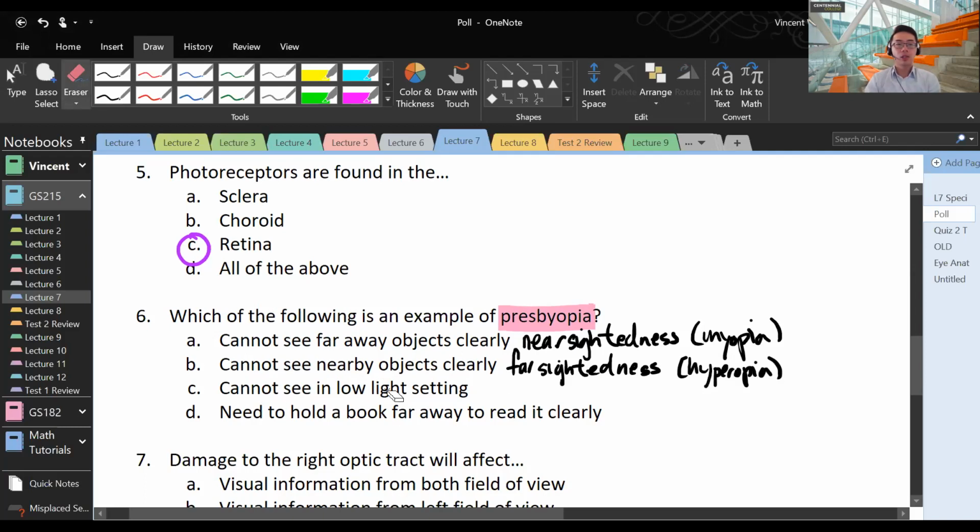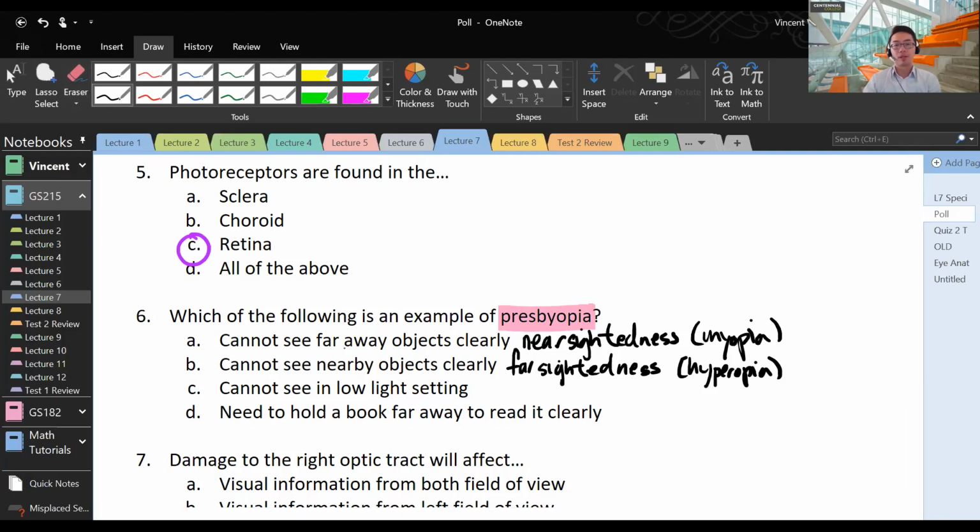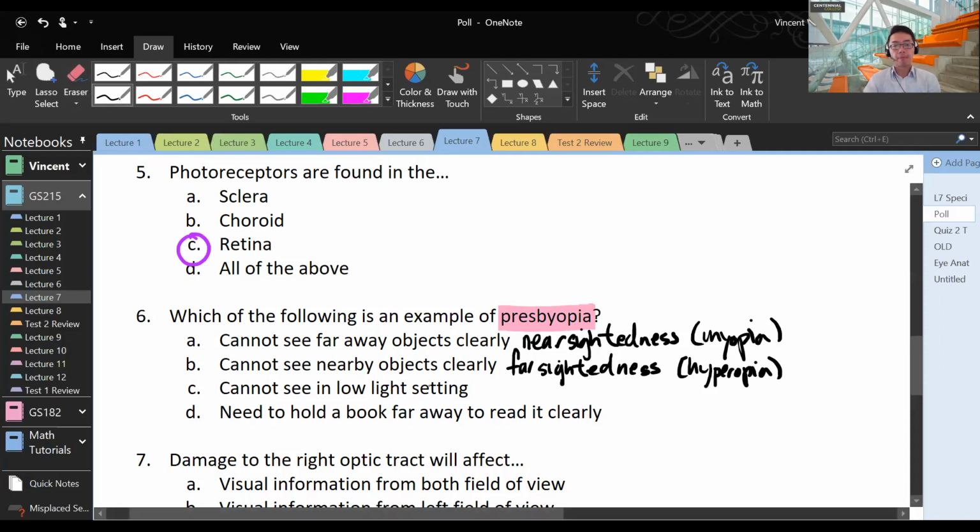Okay, cannot see in low light setting. That's like selective blindness. People with low vitamin A, for example, actually go blind at night. Nocturnal blindness, that's what it's called, right? Because you need the vitamin A for the rod cells to function properly. So yeah, that is a lot.